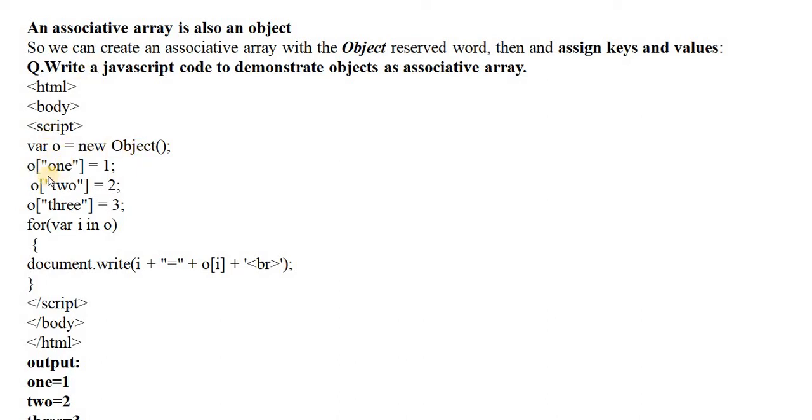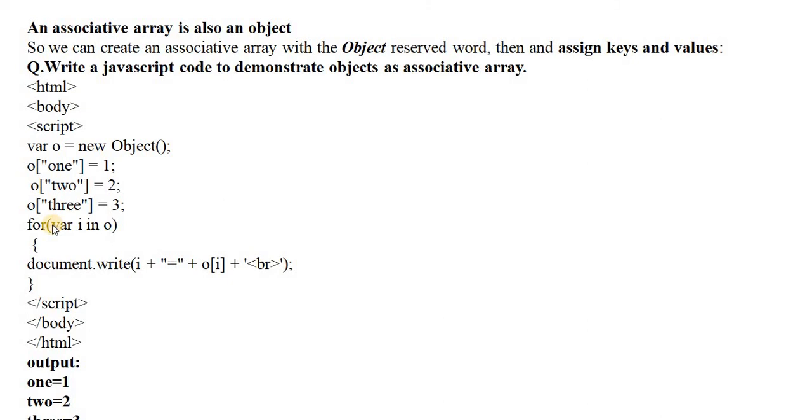Here we access the values without using numeric indexes, we access a value with a string. So O of 1 is equal to 1, O of 2 is equal to 2 and O of 3 is equal to 3.